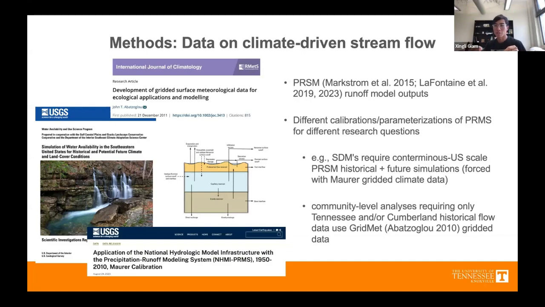The reason is that GridMet data is observed and more up to date than the Moore data, and secondly, the resolution is higher. We can only do it because we don't need future simulations for this.